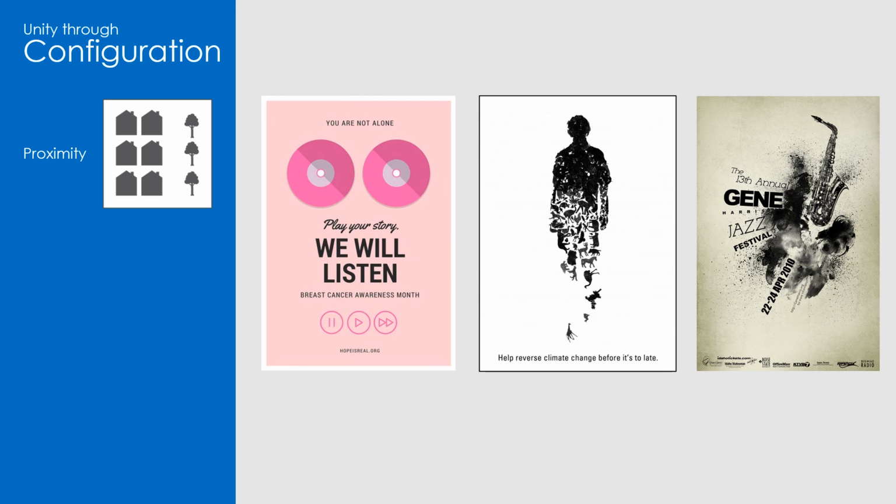All right, so the first one, the pink one, there's unity through configuration, right? So you've got the 2 yellow, pink circles at the top. They are kind of working as one element. You might see eyeballs. You might see boobs, right?